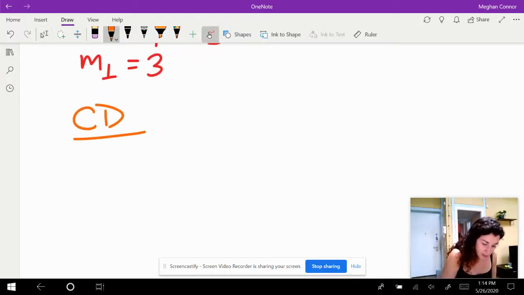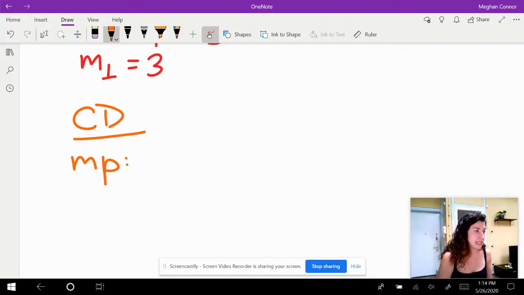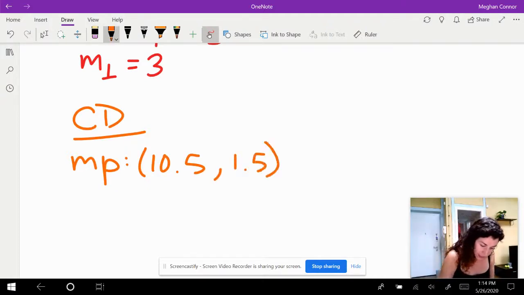Okay, so the midpoint for CD will again be, because it's 6 and 15, add those two together is 21, and then divide by 2 is 10.5. And then 0 plus 3 is 3, divided by 2 is 1.5. So that's your midpoint.